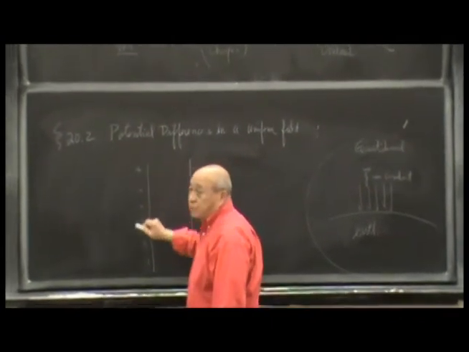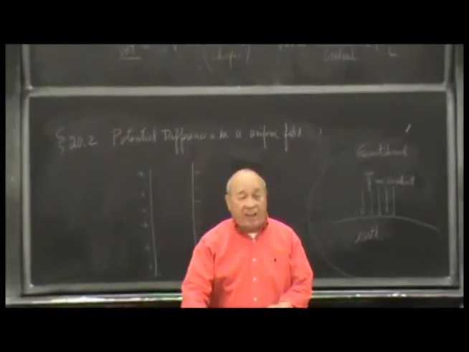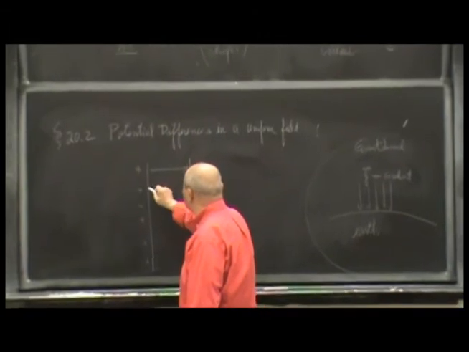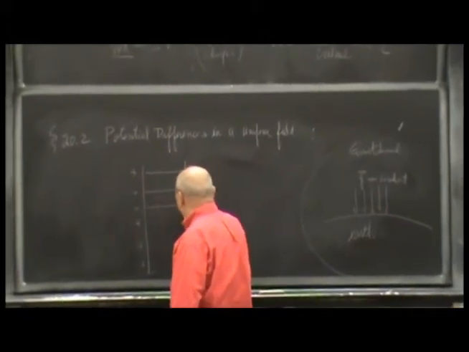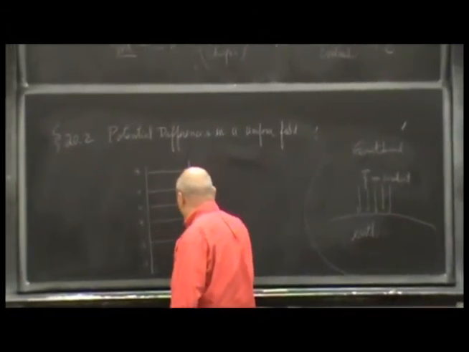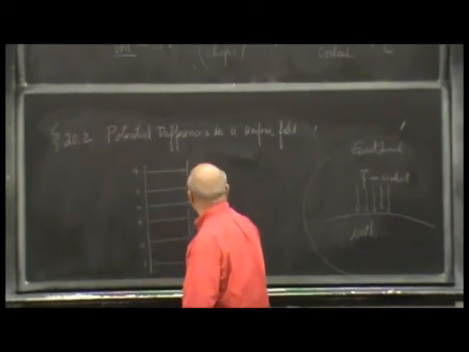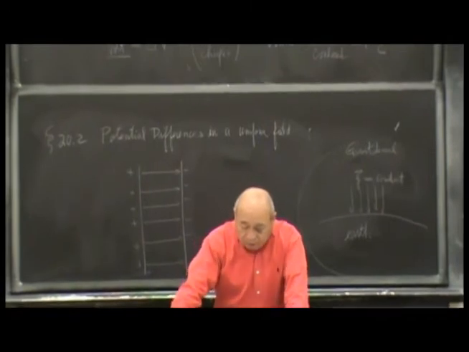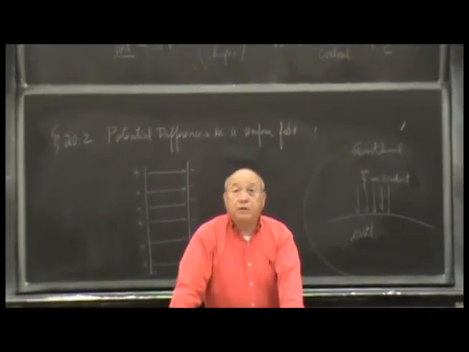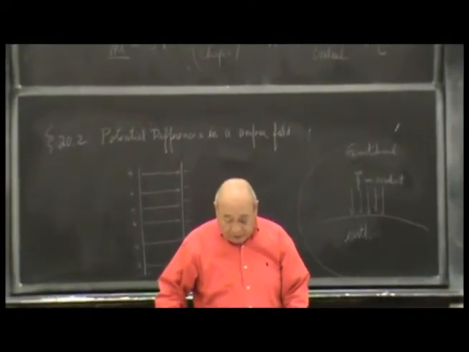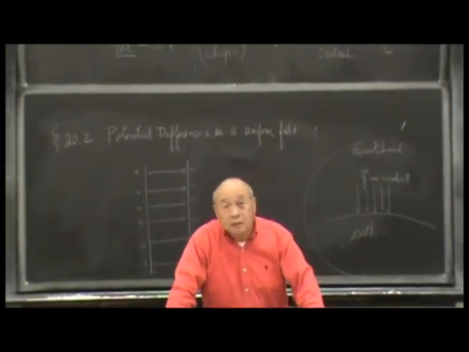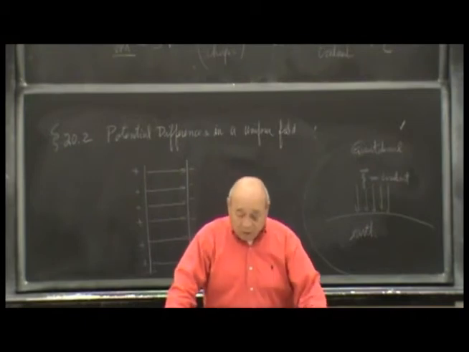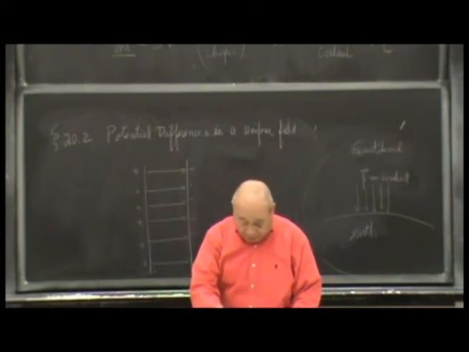If all these charges have the same value, then you have a uniform electrical field in there. This is a very good concept, and again we are using the voltage concept by doing this.